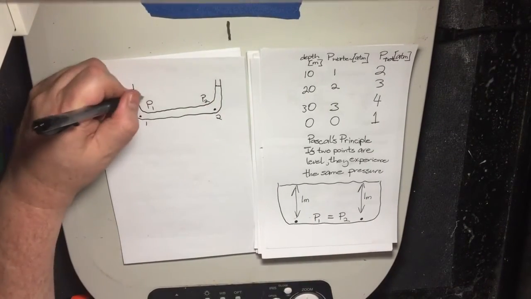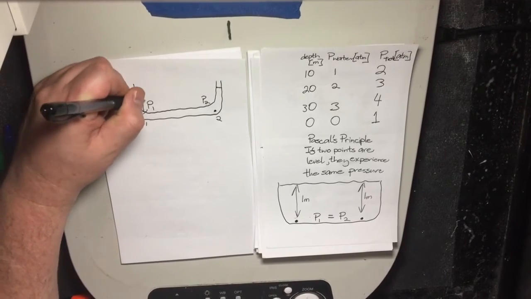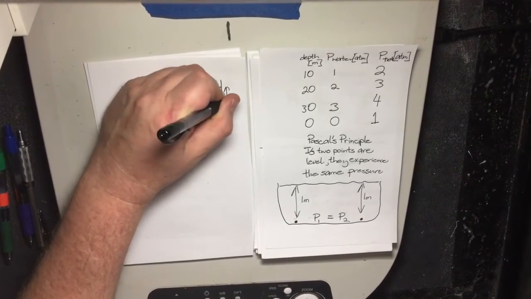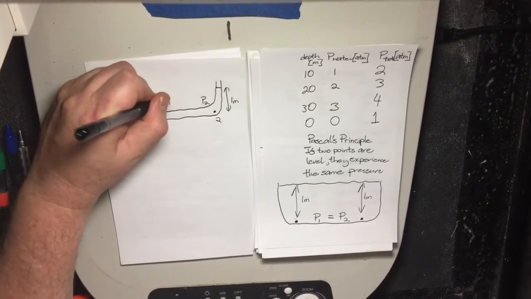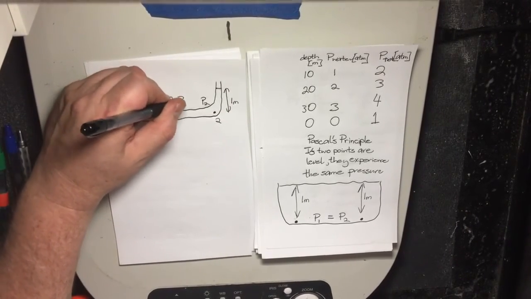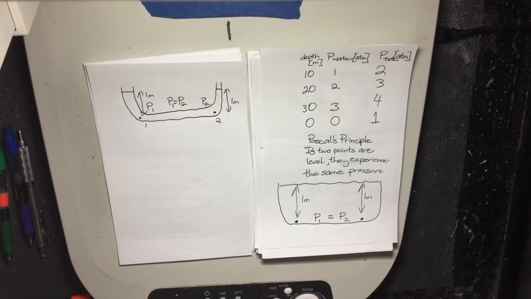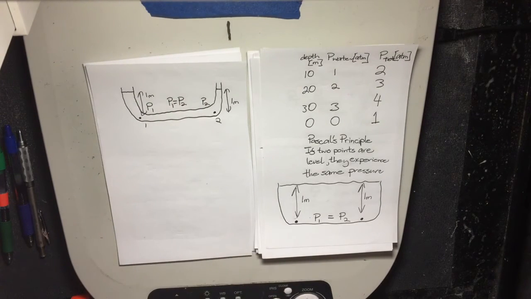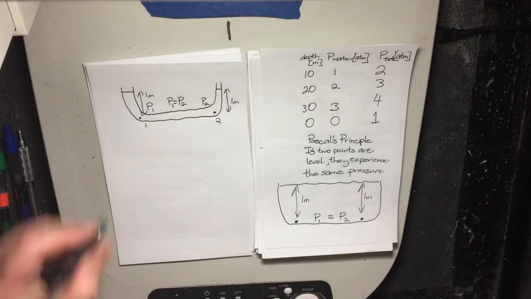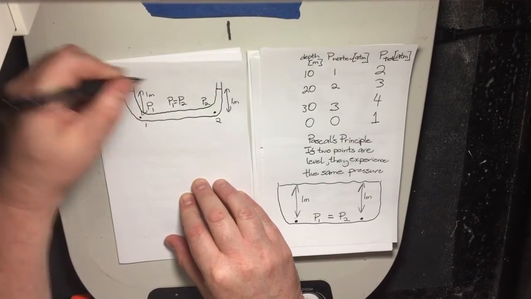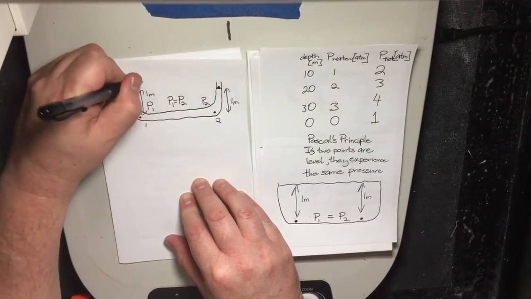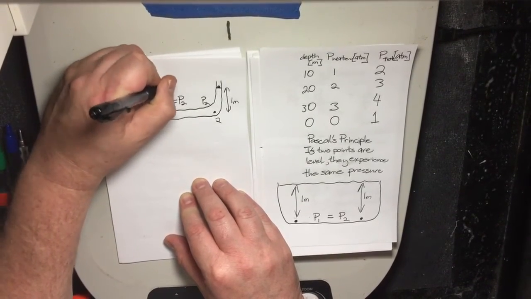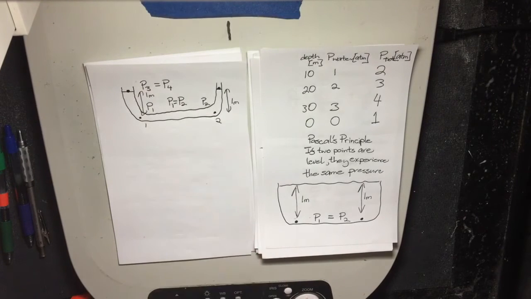Those depths are still 1 meter, so P1 is equal to P2. As long as the depths are the same, it doesn't matter that I cut out all this stuff. What about at the top? The pressure's still the same. They both are at 1 atmosphere.